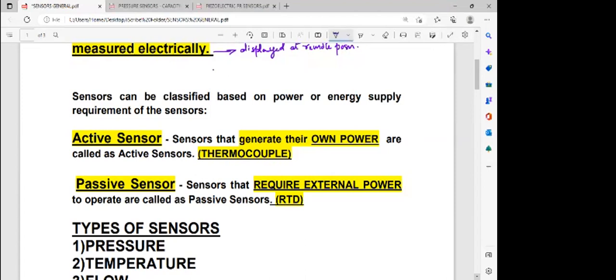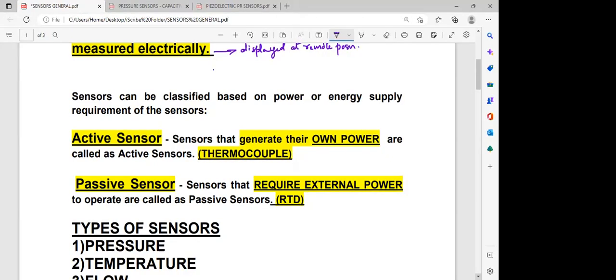What about a passive sensor? Obviously, it is the opposite of an active sensor, where a passive sensor requires an external power source, for example 20 or 30 volts DC. Only then will it work. If you don't give that external power supply voltage, it is not going to work.